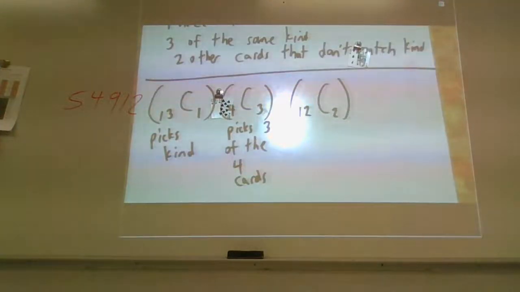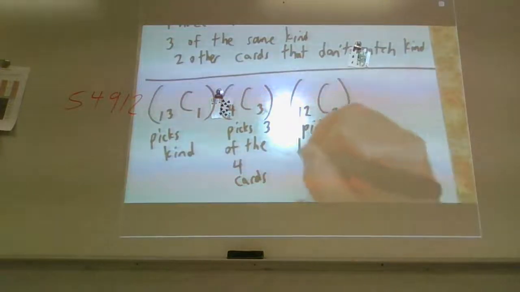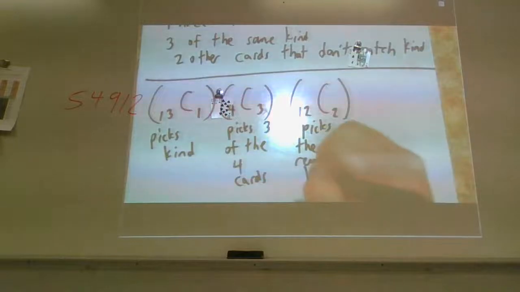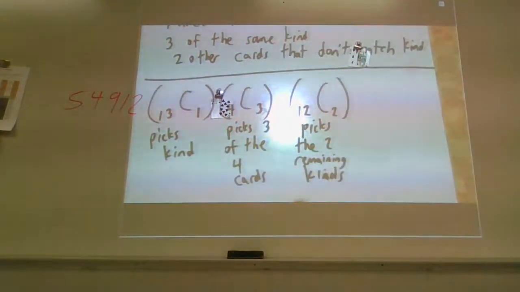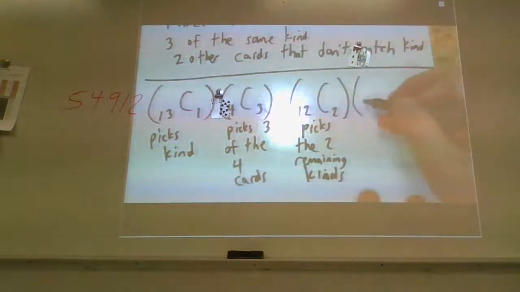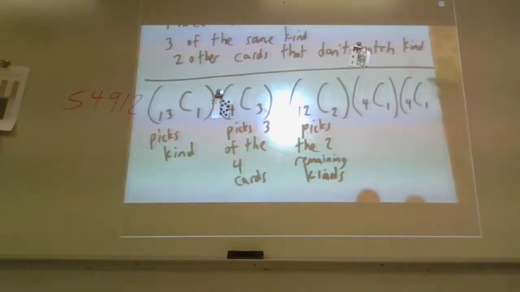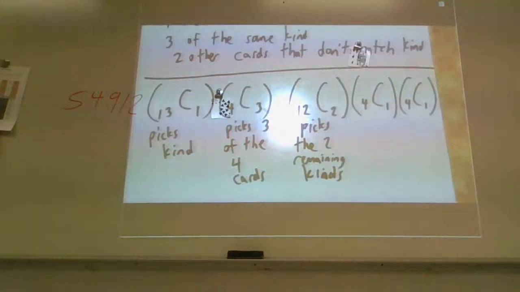This calculation, like I said right here, picks the 2 remaining kinds. Now look at that. That picks the 2 remaining kinds.